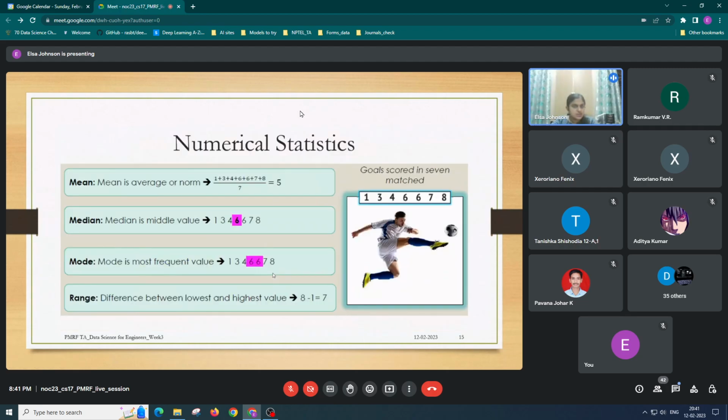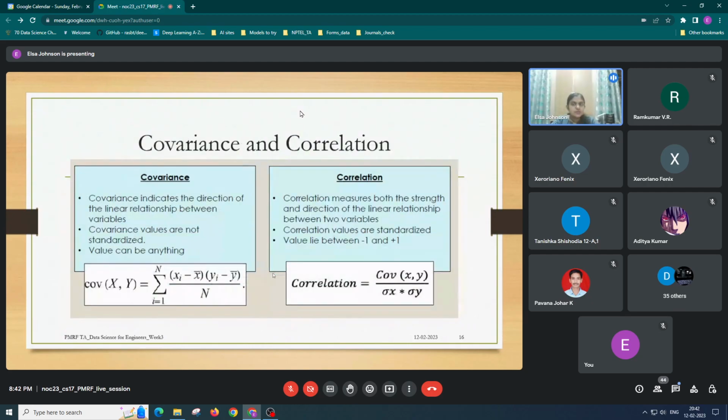Then numerical statistics, which you have also seen earlier: mean, median, mode, range, etc. Then covariance and correlation. I think these two things have some questions in the assignments. Covariance indicates the direction of a linear relationship between the variables.